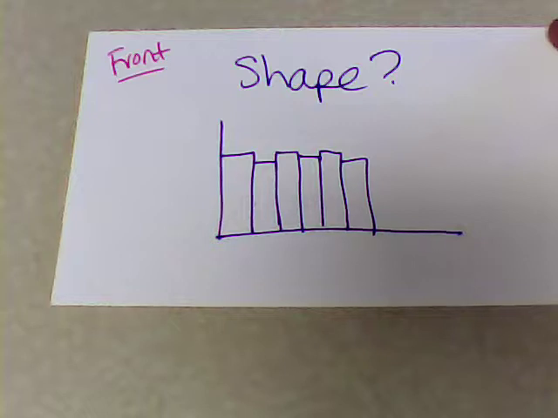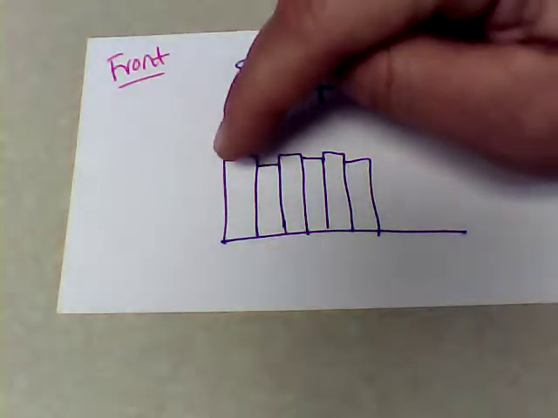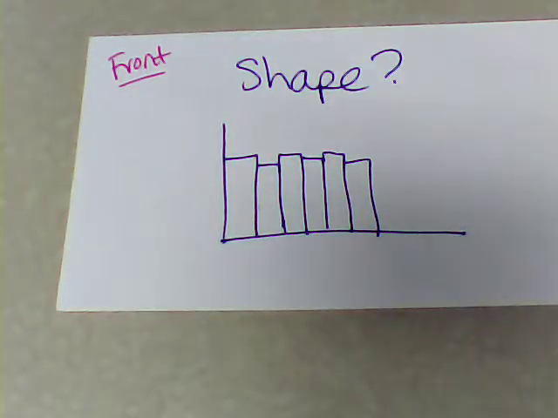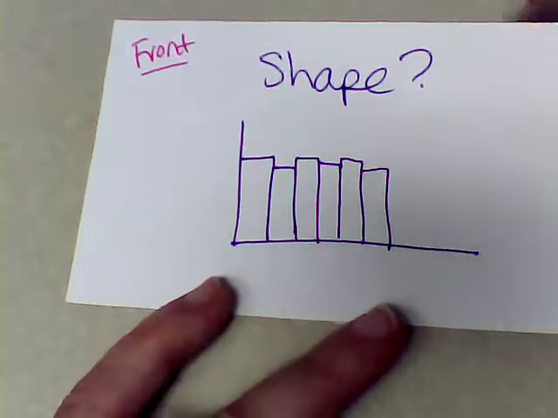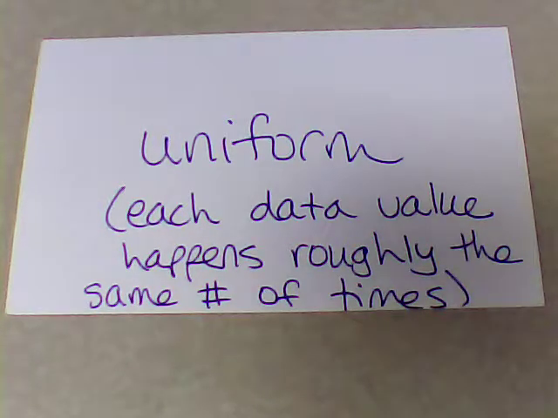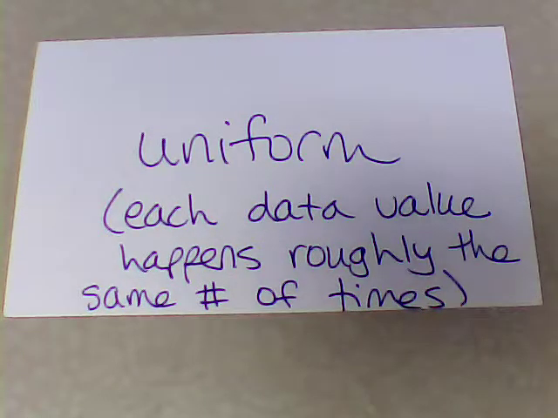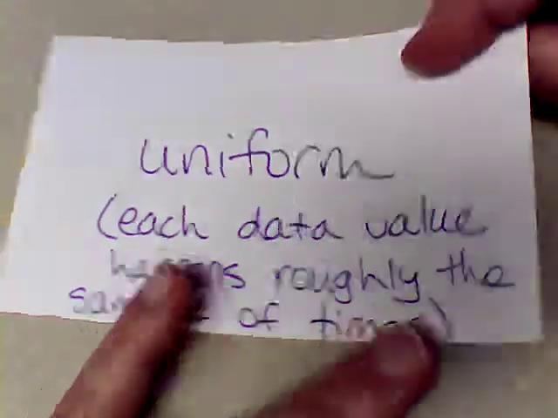So if the values the variable takes happen about the same amount of times, if the frequencies are about the same, you've got a uniform distribution. And I defined it underneath. It doesn't have to be exactly a flat top. It could be up and down a little bit, but that again is uniform.